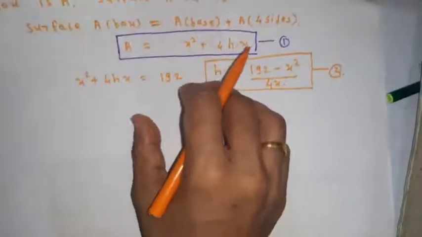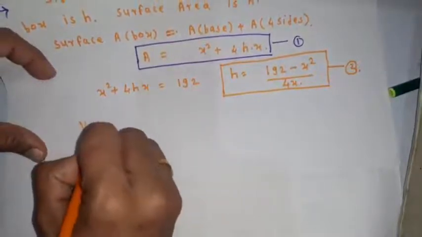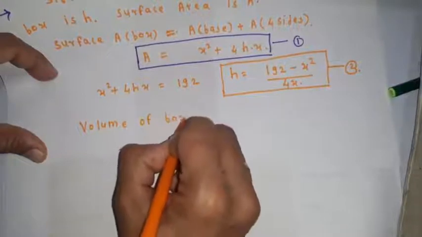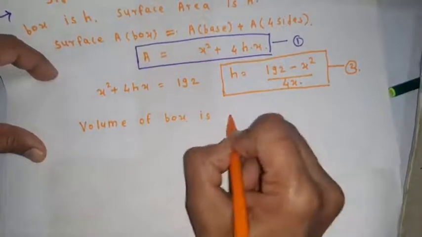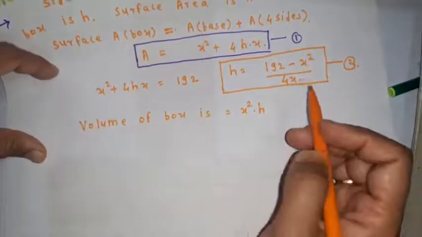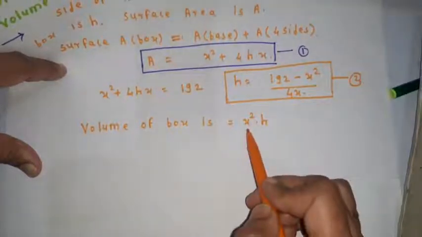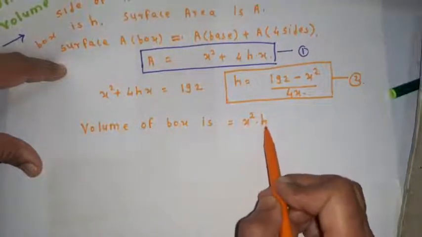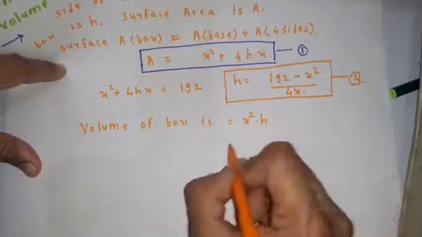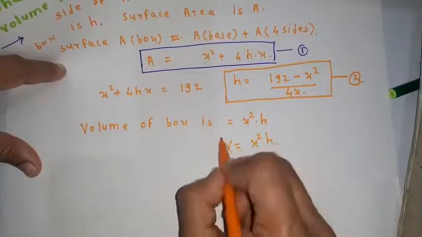The volume of the box is the base area into height. Base area is x square and the height is h. Hence, volume of box is x square h and hence V equal to x square h.